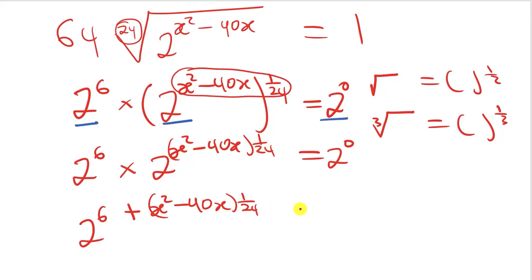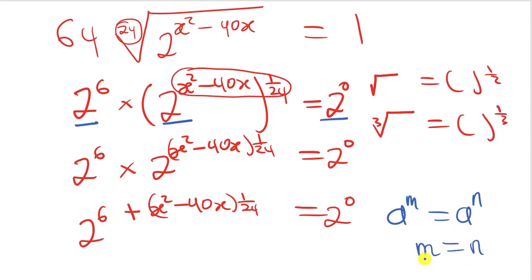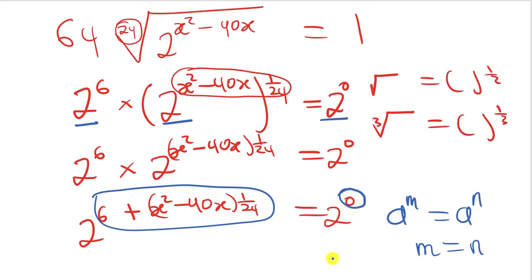So this will be equal to 2 exponent 0. And we know that in indices or exponential equations, when you have a exponent m being equal to a exponent n, you're going to have m being equal to n. If that is the case, then whatever we are having here will be equal to the 0.